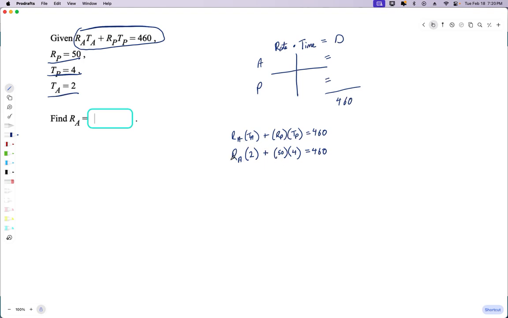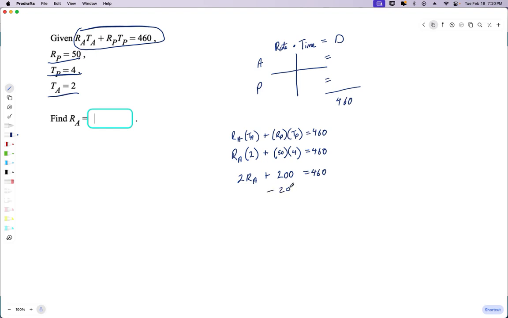So we don't know what RA is, but we have all this other information so that we can find RA. So when I multiply RA times 2, that's going to be 2RA. And when I multiply 50 times 4, that's going to be 200. And that's equal to 460. Well, whatever this is, plus 200 is equal to 460.